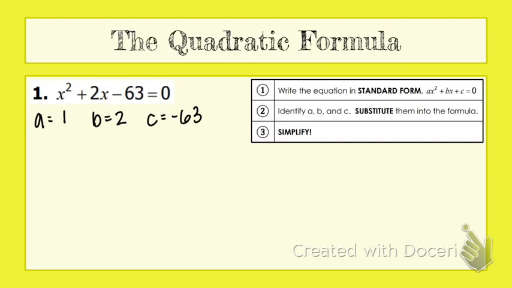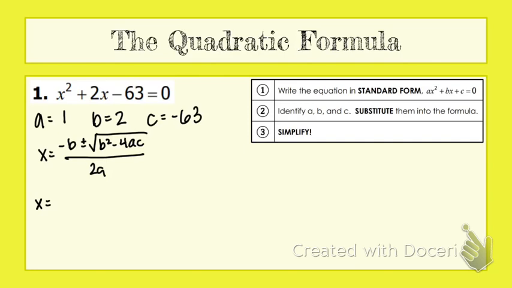Then we substitute these into the quadratic formula, which is x is equal to negative b plus or minus the square root of b squared minus 4ac all over 2a. And you should have been seeing that in your head along with me. So we are going to substitute a, b, and c for their variables in the formula.